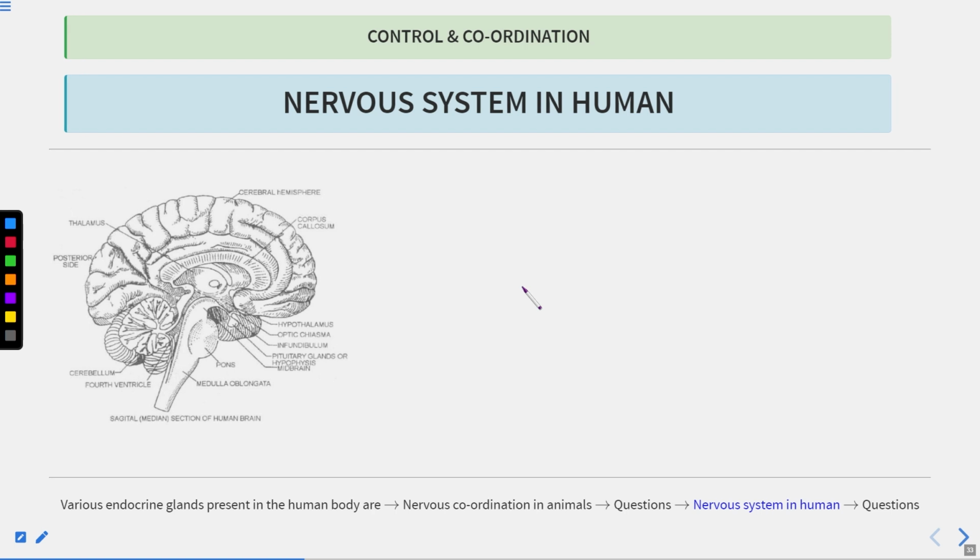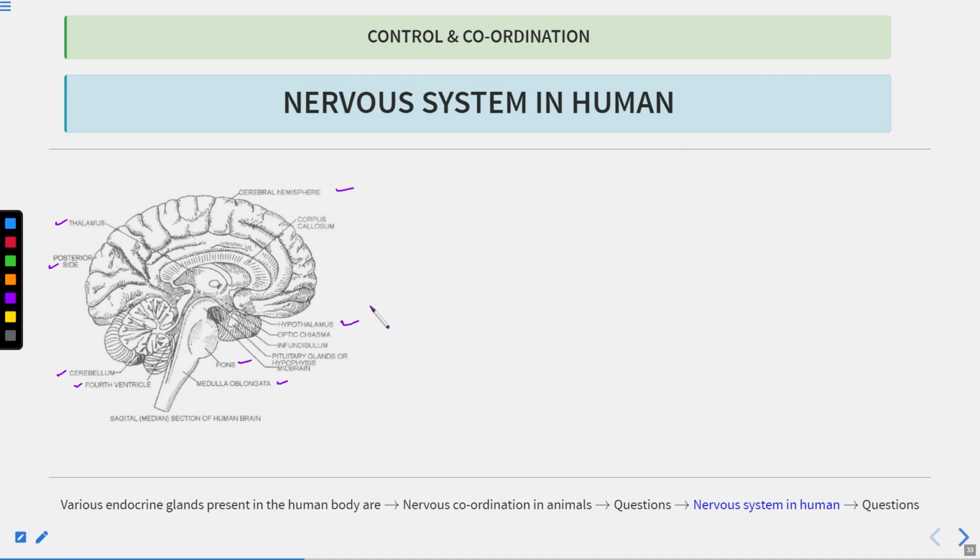Clear? Now this is a typical structure of the brain. You have to first remember all these terms. Cerebral hemisphere, then the thalamus we have talked about, is present here. Medulla oblongata is present here. This region is known as the pons. So first you have to remember these terms, then we'll discuss them.